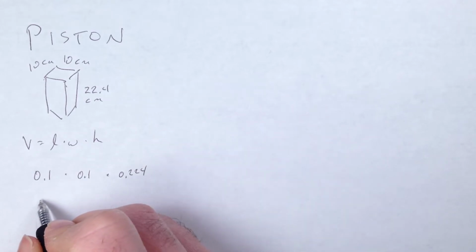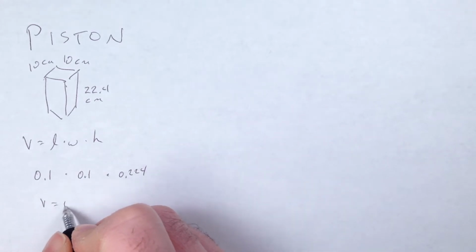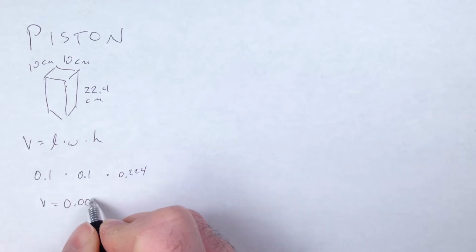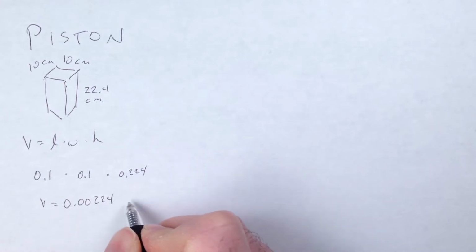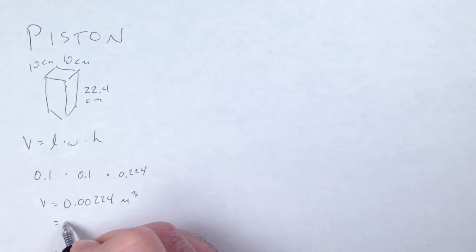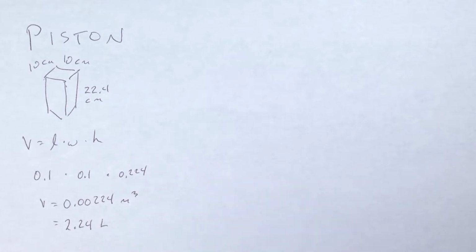And that means we have a total volume of 0.00224 cubic meters, which just happens to be 2.24 liters.